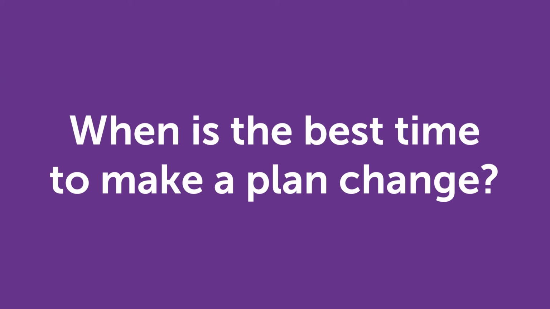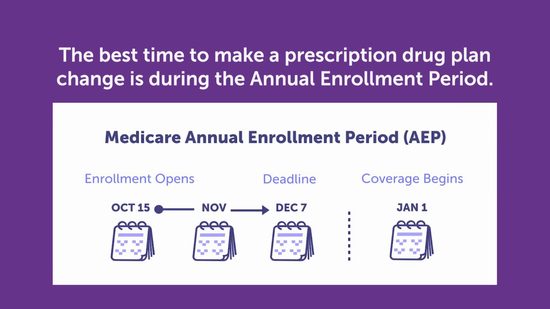Now, when's the best time to make a plan change or to review your Part D or your Medicare Advantage prescription drug plan? That would be during your annual enrollment period. The Medicare annual enrollment period, also sometimes called the Medicare open enrollment period, runs from October 15th to December 7th annually. This is the prime time to review your Part D or your Medicare Advantage prescription drug plan to make sure you're still getting coverage for your prescription medications and at a cost that you can afford.